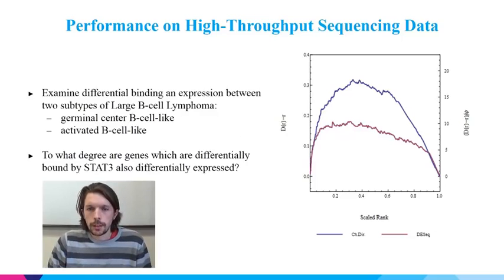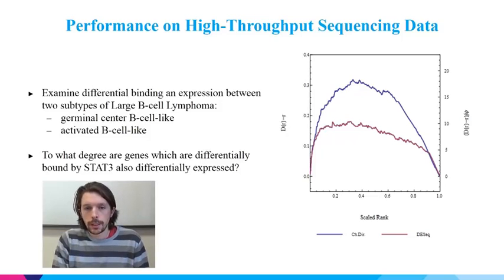So here we've taken data from this study, which is examining differential gene expression between two subtypes of large B-cell lymphoma, and also differential binding of this transcription factor STAT3.